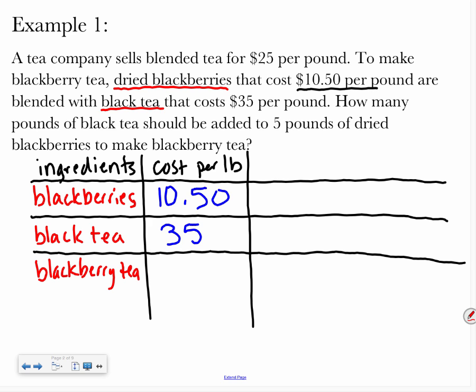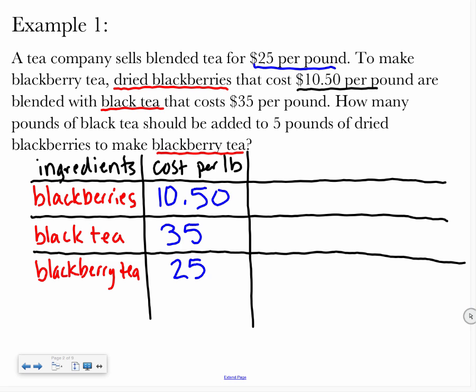And what other information do we know about the blackberry tea? If we look up at our first sentence, a tea company sells blended tea for $25 per pound. So we know that the cost of this blackberry tea, because it's a blend between the dried blackberries and the black tea, is $25 per pound. Okay, that's where I found that.